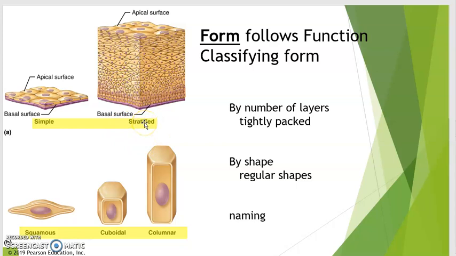You have to look at the function of each of these tissues. For instance, this flat tissue would be great at absorbing or diffusing gases right into an organ beneath it. It has a lot of surface area and it's a very simple tissue.